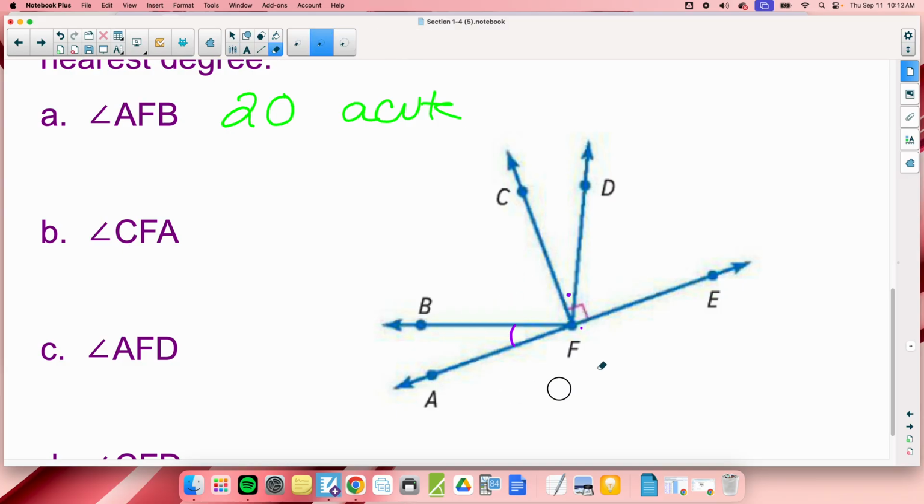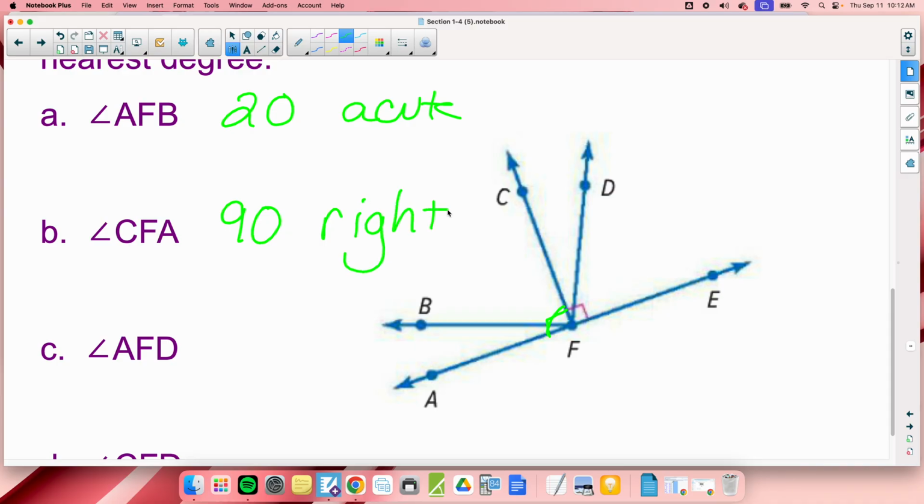Then CFA. CFA is this angle. What is that going to be? 90, right? If that's 90, this is 90? So this one is going to be 90 and right. Then they ask us for AFD.